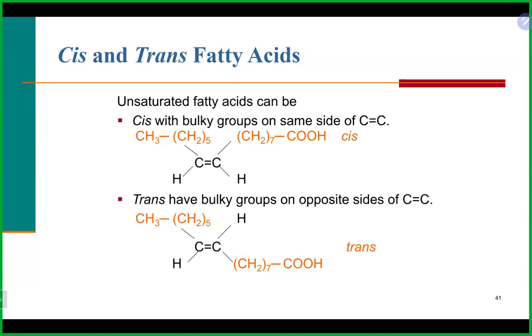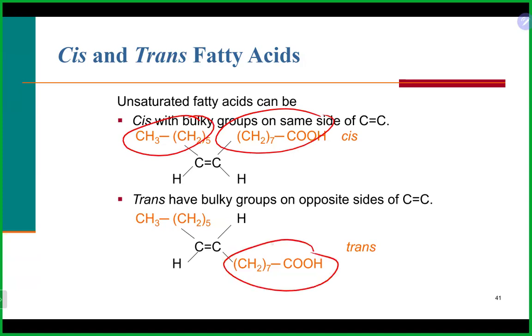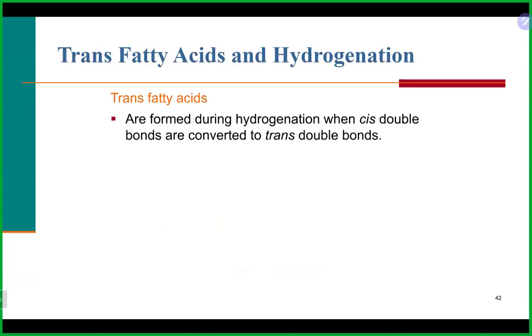So cis and trans fatty acids, unsaturated fatty acids. The cis, just like in organic, has the bulky group on the same side. So here you can see the bulky group is the long carbons on each side of that double bond, and the trans is on opposite sides of the double bond.